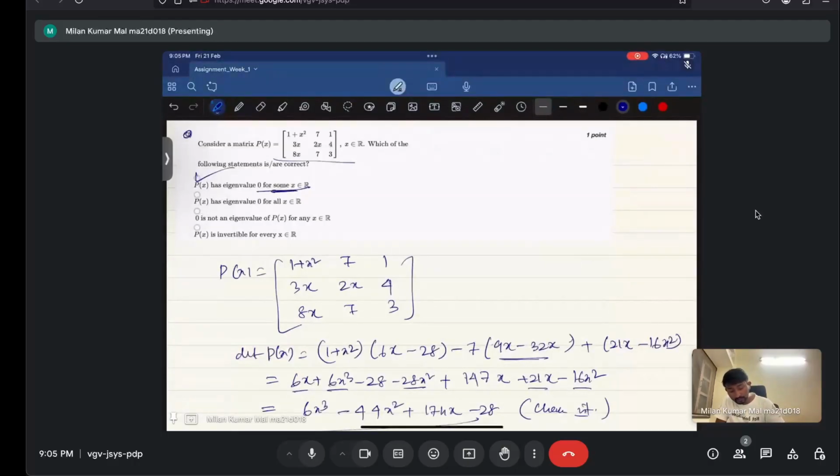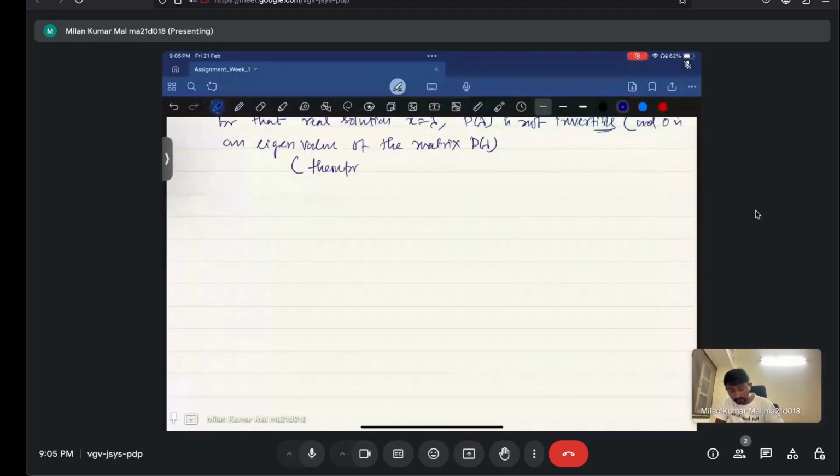So from here one can say that option A is correct.